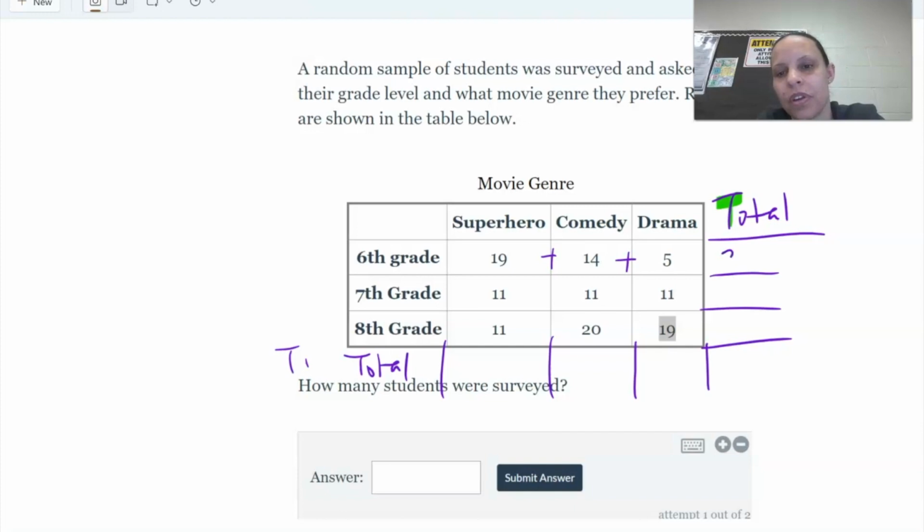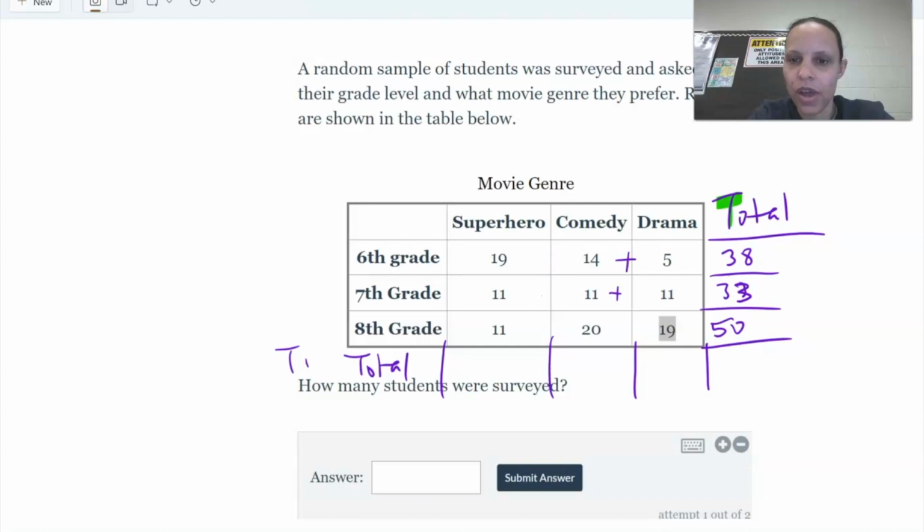So that's going to give me 38. 20, 40, yep, 38. All right, how many in 7th grade? Adding all of these up, that's going to give me 33. How many in 8th grade? Adding all of these up, 31, 41, 50. Let me do that again. 20, 30, 40, 50. Yeah. All right, 50.